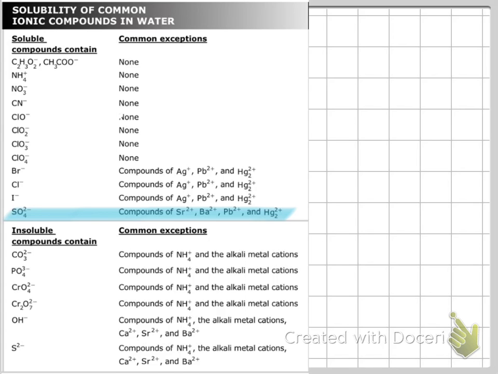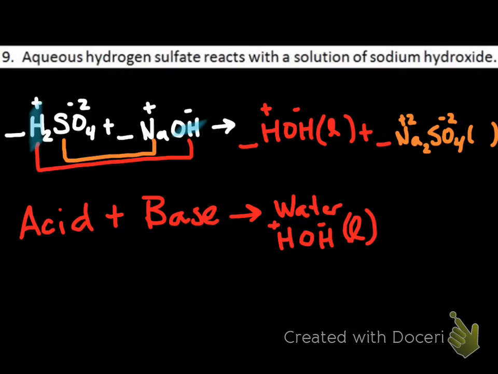Sodium is neither one of those, so therefore this is aqueous, and this is my salt. So the state for sodium sulfate is aqueous.